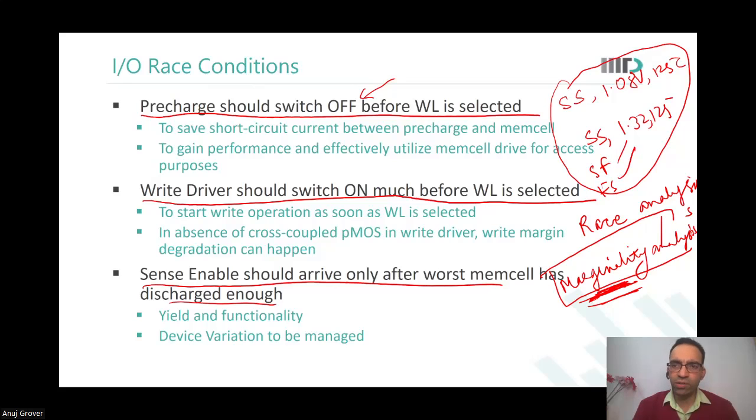Something like that is what you're referring to? Yes sir, the circuit is fine, but there is a timing issue. One or two operations gave the wrong output, so there is no functionality issue.